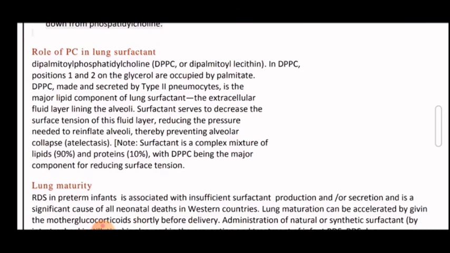This lung surfactant is very important to decrease the surface tension in the fluid layer, to decrease the pressure needed to re-inflate alveoli.